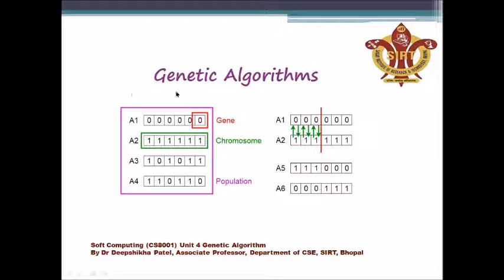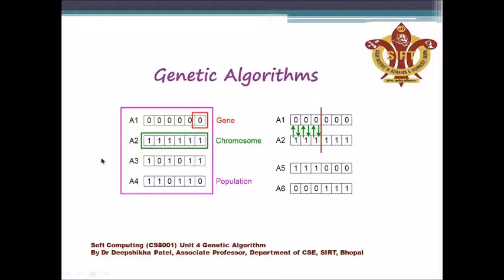So the logic behind genetic algorithm is something like this. It is based on a search-based heuristic method. So we can say we are given a set of solutions, and among those solutions we have to choose the best one, or the optimized solution we are looking for.